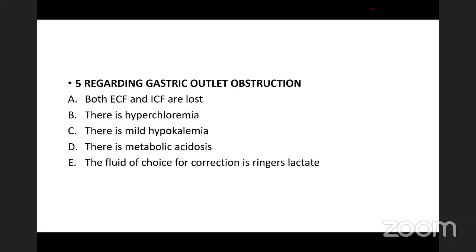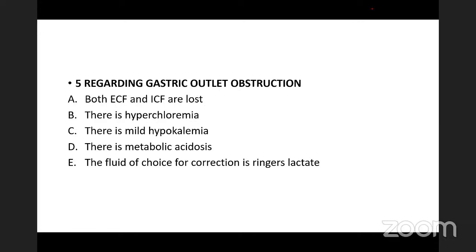Because they have hypochloremia. They vomit predominantly hydrochloric acid, and when they vomit hydrochloric acid, they will have hypochloremia. Now, because they are vomiting acid, they will have metabolic alkalosis.